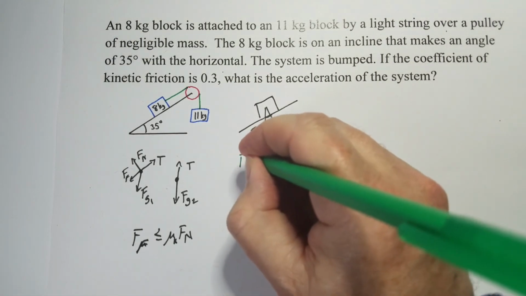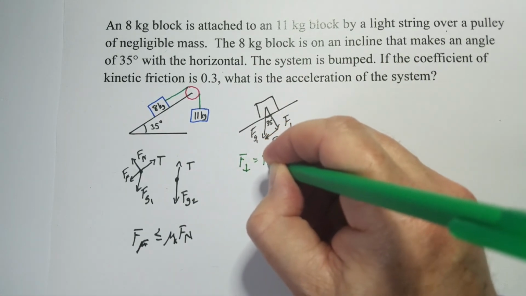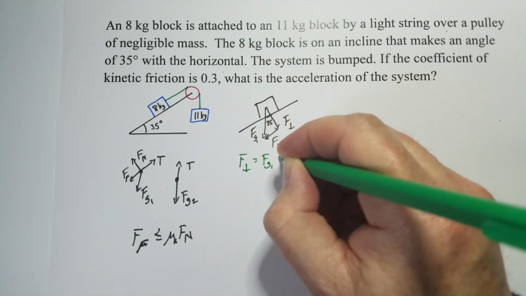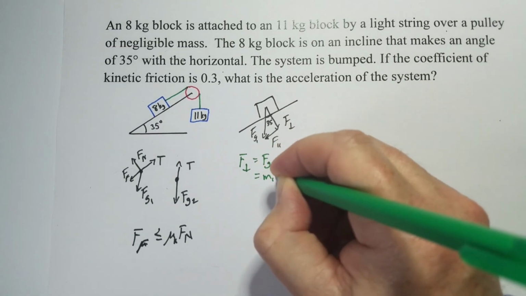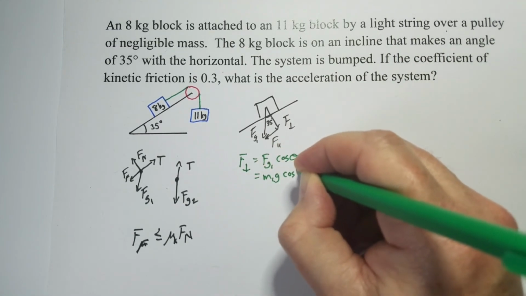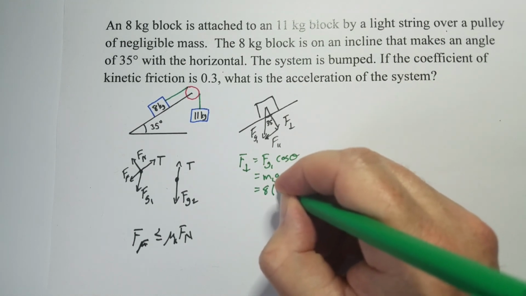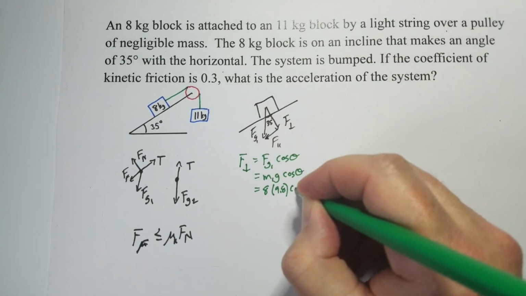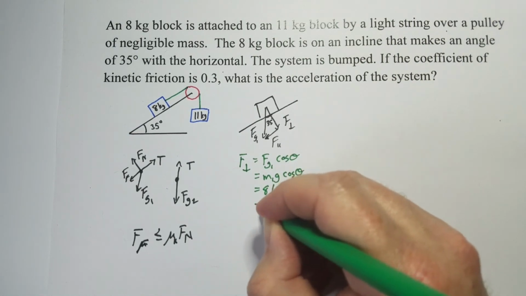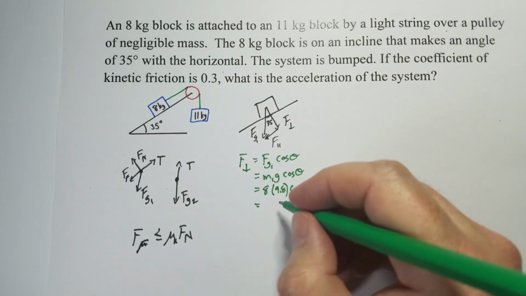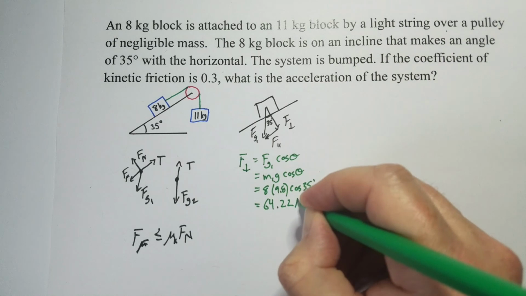So, force perpendicular is equal to Fg cosine theta. So that's m1g cosine theta. That's 8 times 9.8 times the cosine of 35 degrees, and we already found that to be 64.22 newtons.